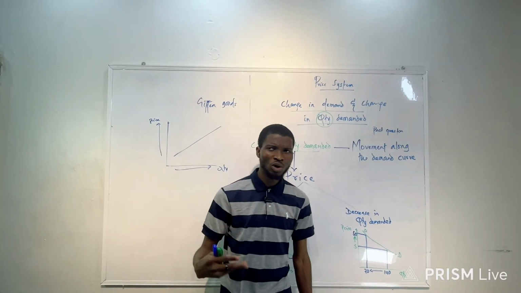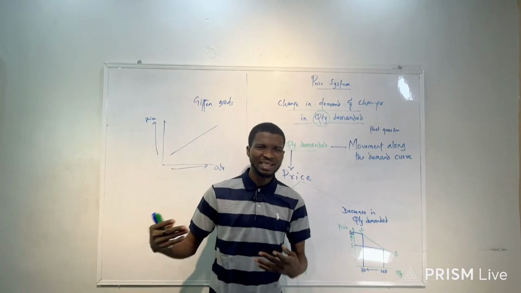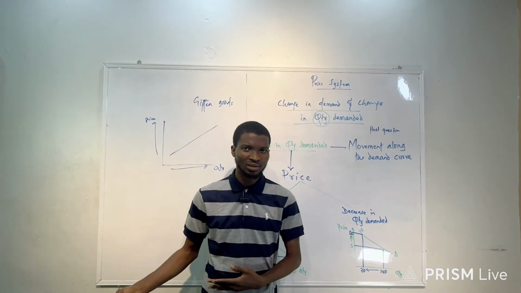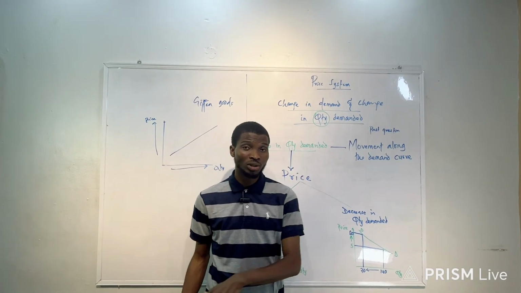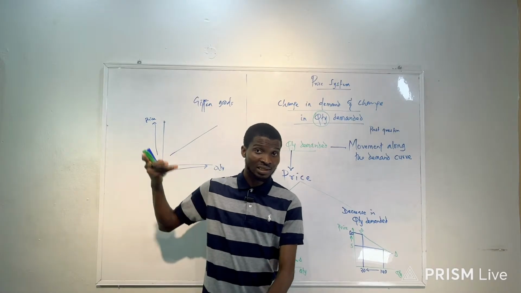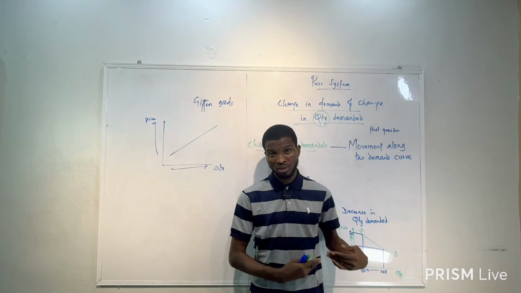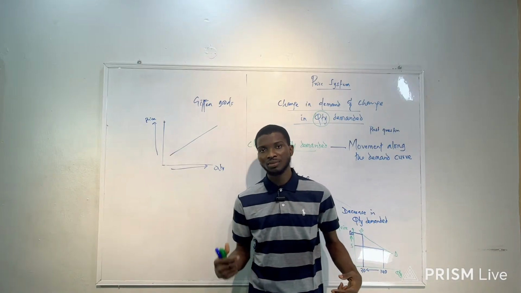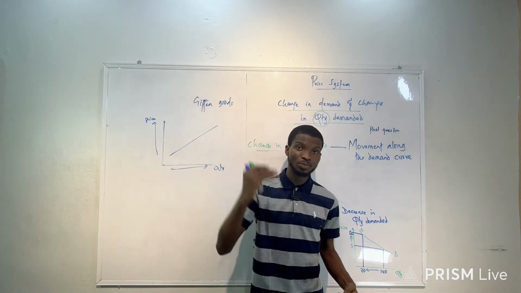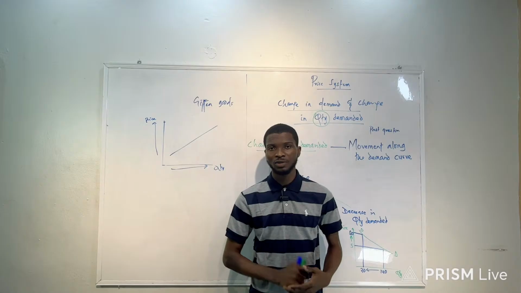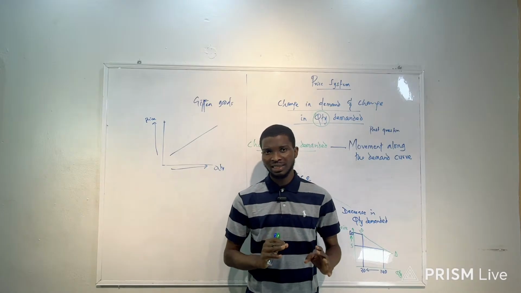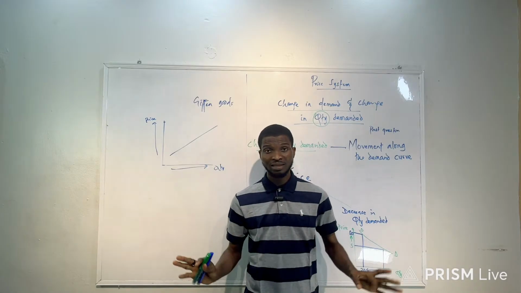Now think, what could have happened for me to have increase in quantity demanded? The price must have gone down. And what would have happened for me to have a decrease in quantity demanded? The price must have gone up. So I guess that totally explains what change in quantity demanded is.